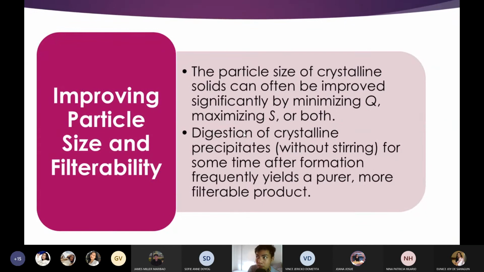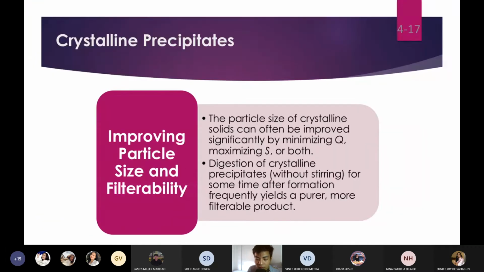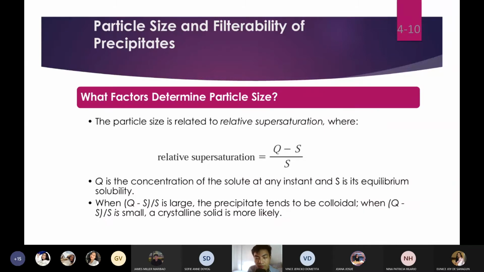So, ito naman yung ways to improve the particle size and filterability. So, that can be improved by minimizing Q, maximizing S, or both, no? Ito yung nasa formula, although di na natin gagamitin yan kasi wala tayong values for that for now, no? Okay? So, you can increase the particle size by increasing the concentration of your solute or decreasing the equilibrium solubility.